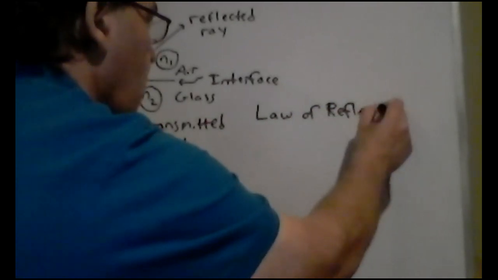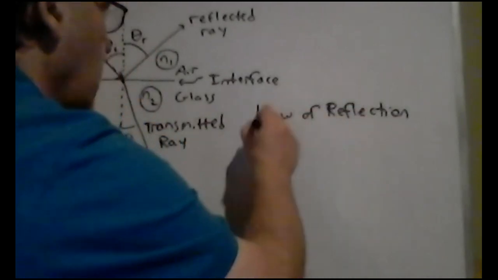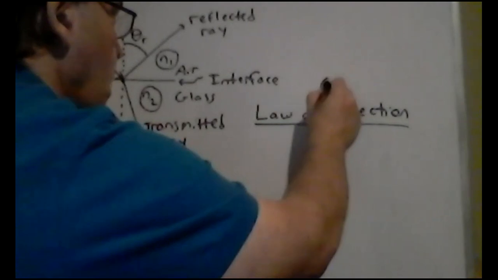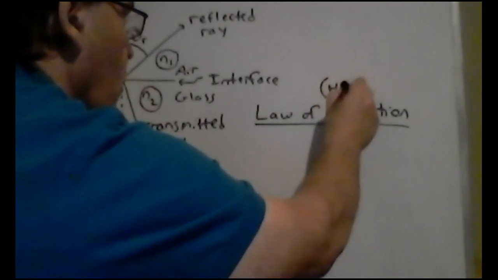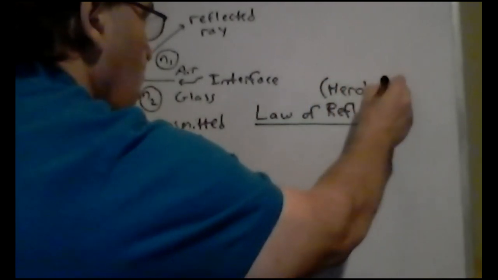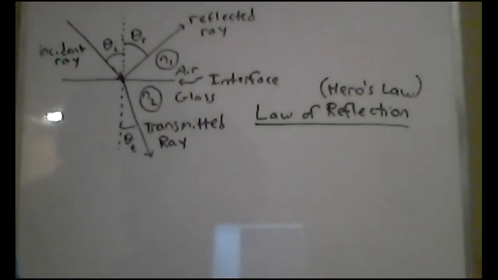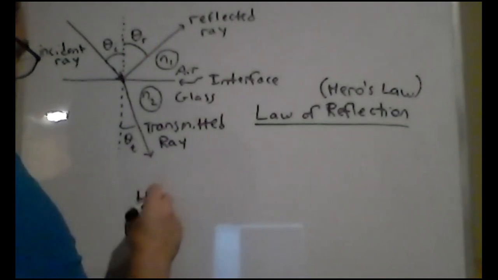Now, these are experimentally determined, and they've been around for a while. The law of reflection is oftentimes called Hero's law, after Hero of Alexandria. We're talking about ancient Greece.